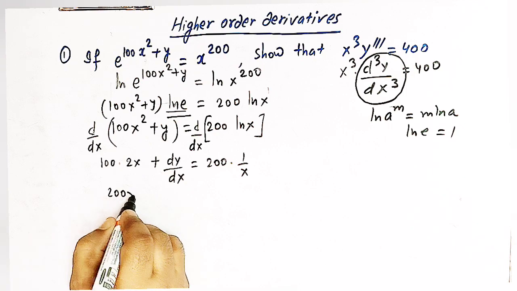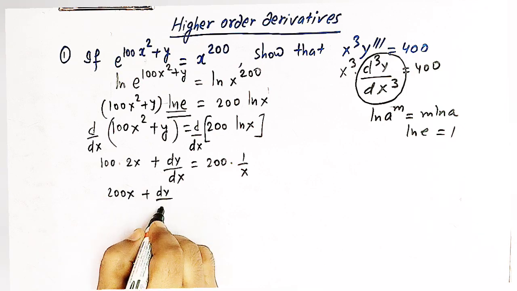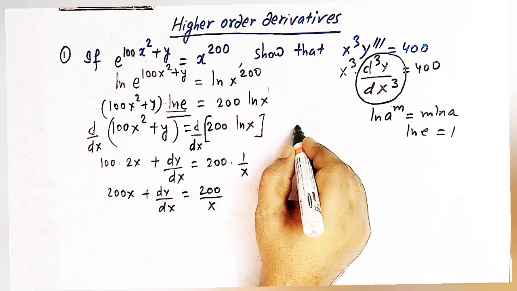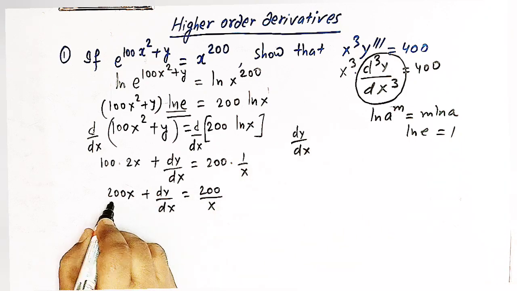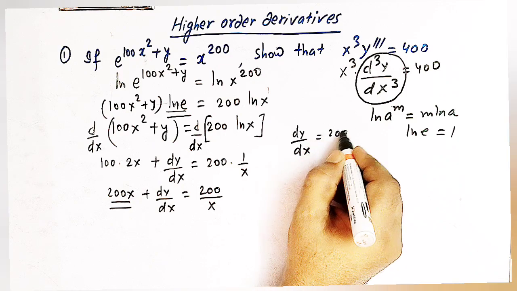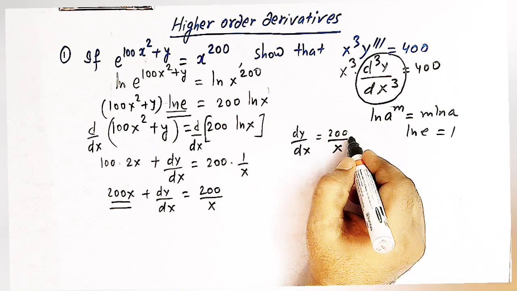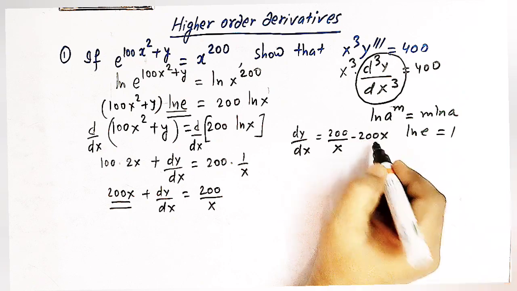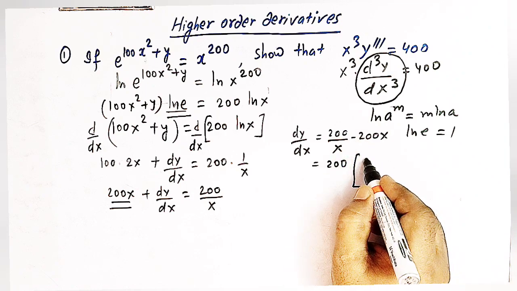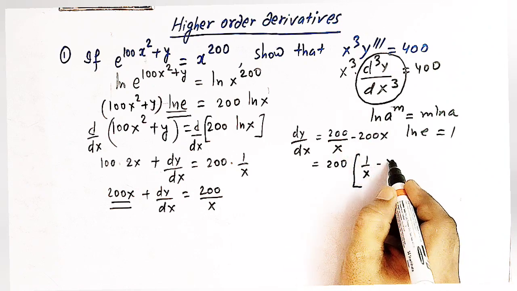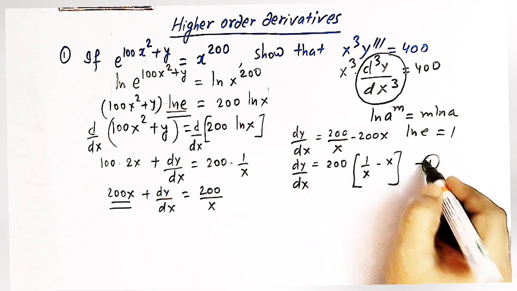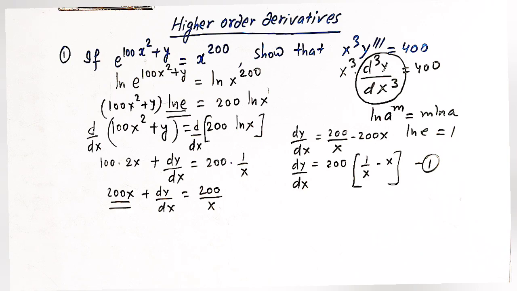So we have 200x plus dy over dx is equal to 200 over x. Now we can take this term to the right hand side. So we have dy over dx equal to 200 over x minus 200x, and taking 200 common, we have 200 times 1 over x minus x. So the first derivative is given by this expression.